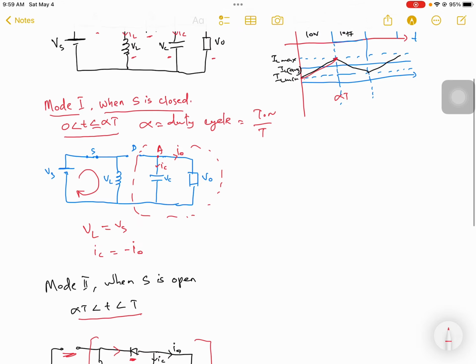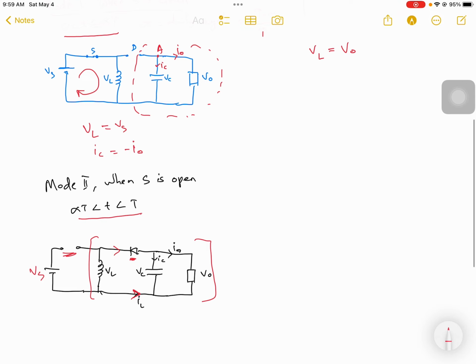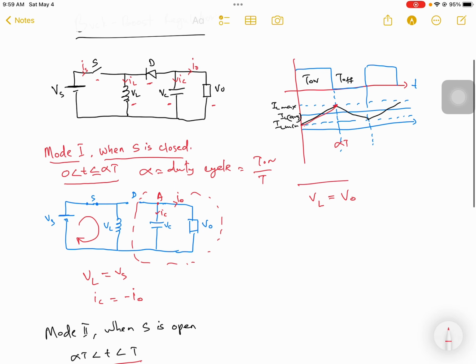Now here we have to calculate the inductor voltage. We simply have to apply the KVL in this case. If you apply the KVL, you will get VL is equal to V naught, which is equal to the output voltage.